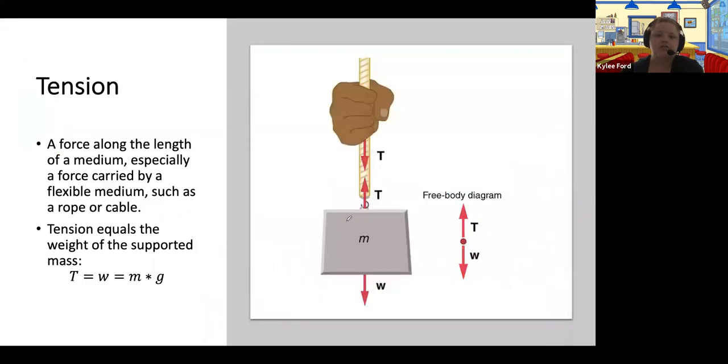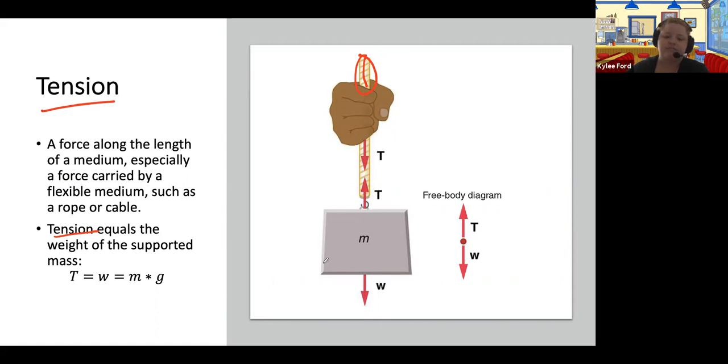Now I want to talk about another type of force real quick, is called tension. And that is a force that is along some medium, like this rope here. And tension is defined as the weight of the supported mass.